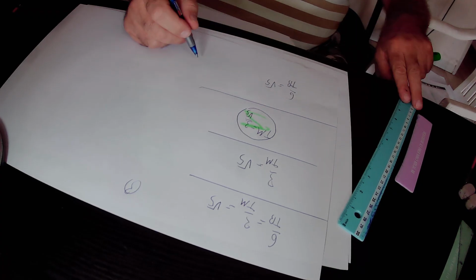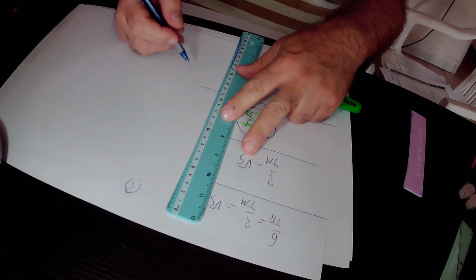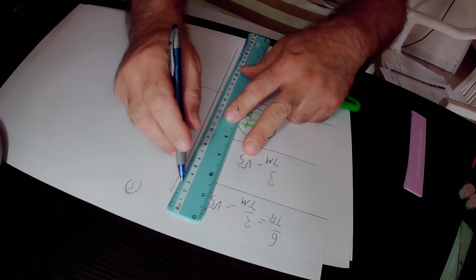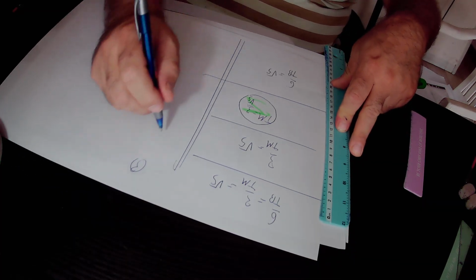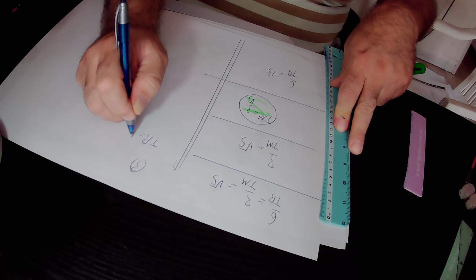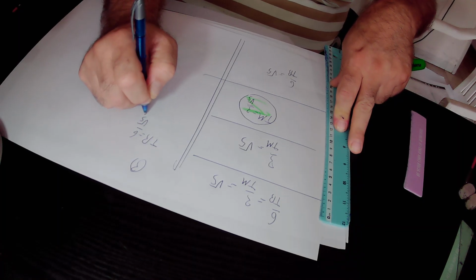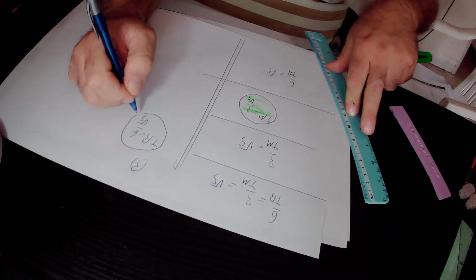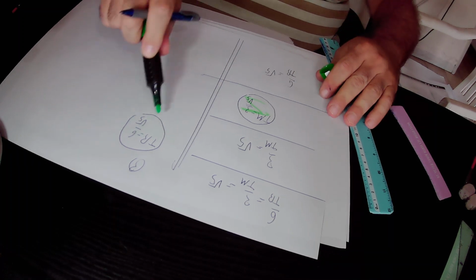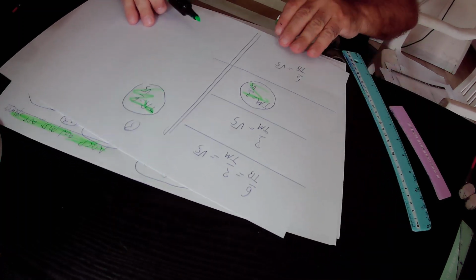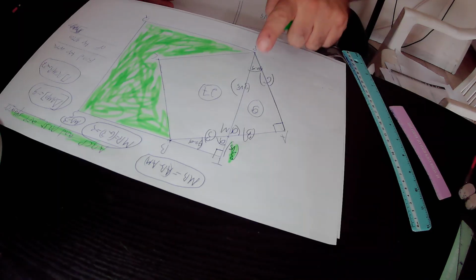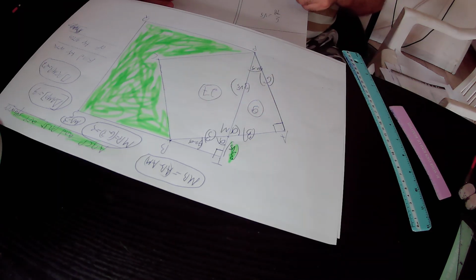And finally we get that TB equals 6 over square root of 5 units in its length. This is the missing side TB.